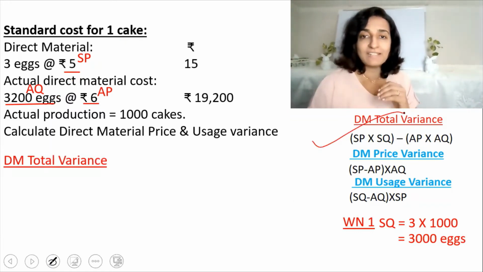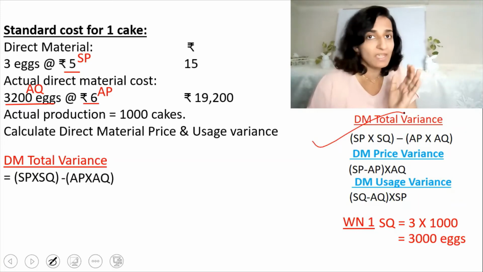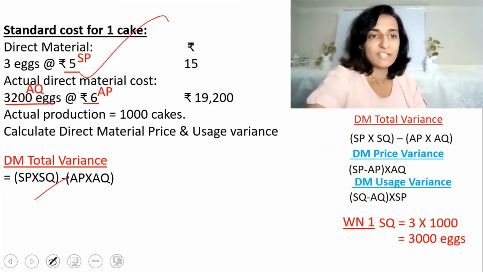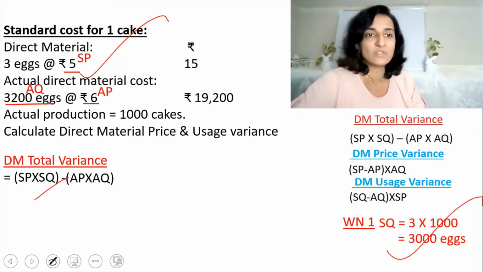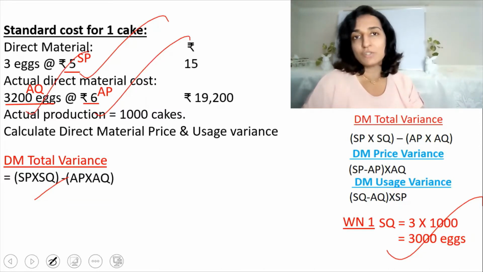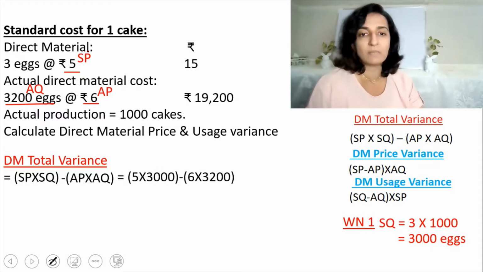Copying the formula from the right side, it is SP into SQ, that's the standard cost, minus AP into AQ, that's nothing but the actual cost. So SP from the question, it's 5, and SQ from working note 1, it is 3,000. AP from the question, it is 6, and AQ from the question, it is 3,200. So substituting in the formula, we get 5 into 3,000 minus 6 into 3,200.